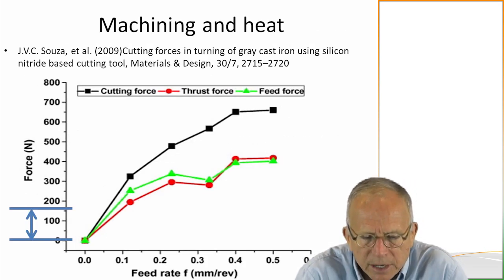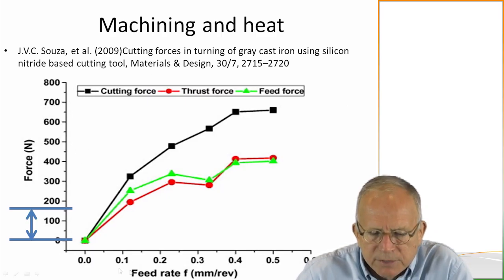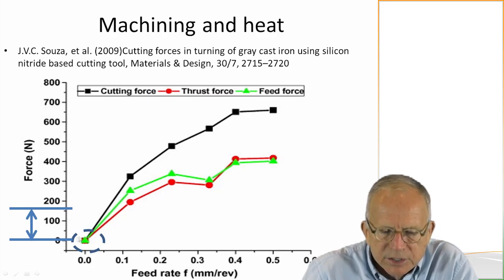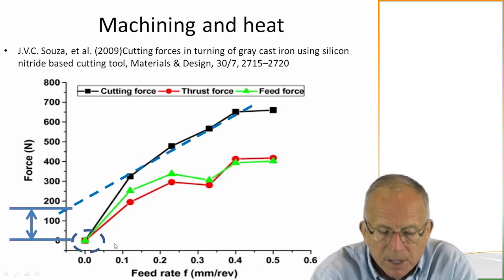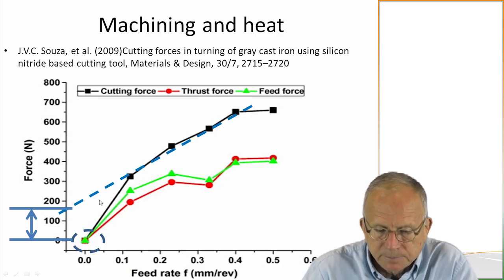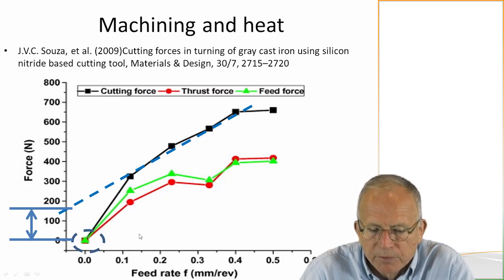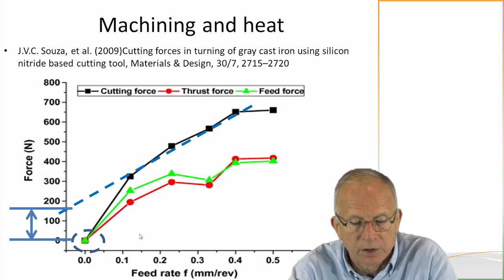So let's take a look at something else here. Here is a cutting force as a function of feed rate, and we notice that at zero feed, there's zero force. We also notice that up in this region there's a fairly linear relationship between the force and the feed, and I noted that in an earlier lecture.